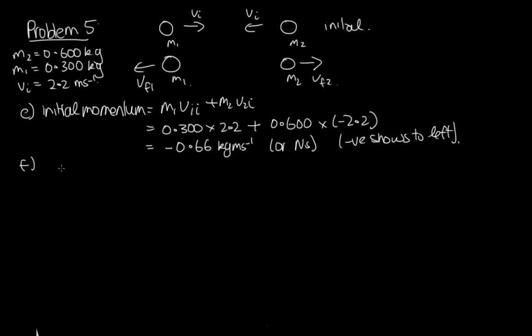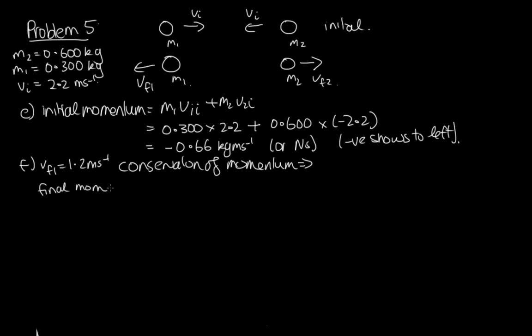Part F asks us if Vf1 is equal to 1.2 meters per second, calculate Vf2. So here we use conservation of momentum, which tells us that the final momentum is equal to the initial momentum, which is equal to minus 0.66.